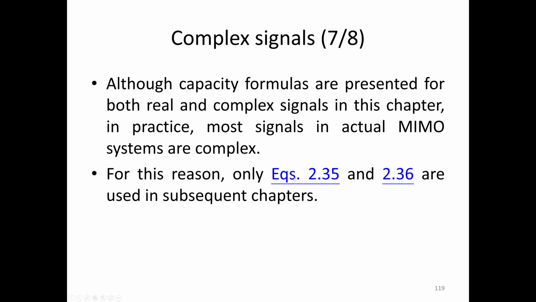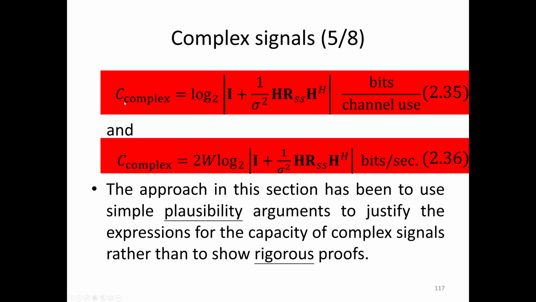Equation 2.35 is the C complex in bits per channel use, and equation 2.36 is the C complex in the unit of bits per second.